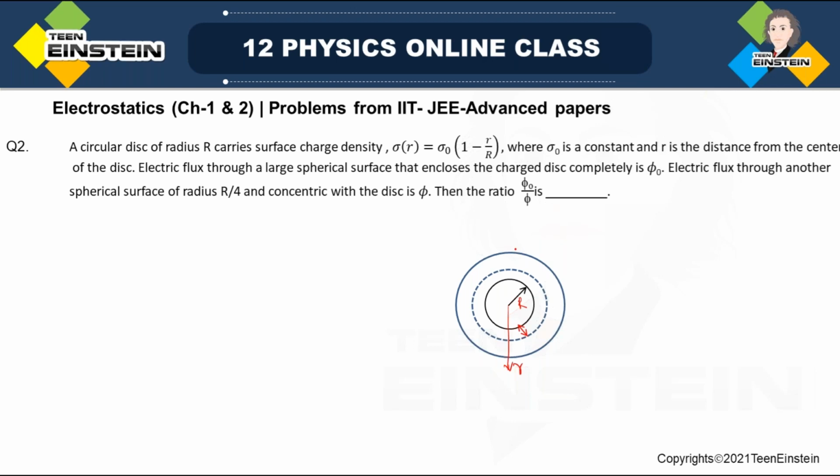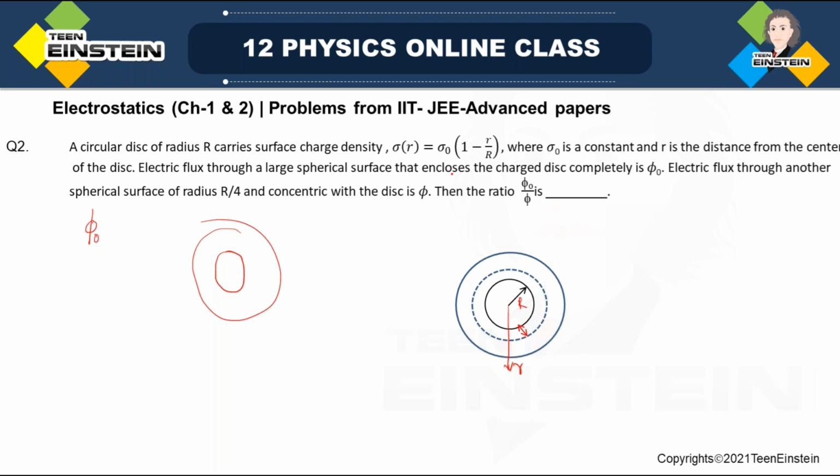This is the small r. So the charge density varies in this way. That means as the distance increases, the charge density decreases, because r is in the numerator. Anyway, the electric flux is given as phi 0 when the disk is completely enclosed by a spherical surface.